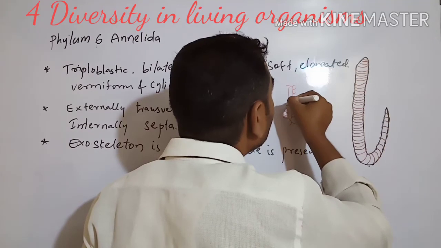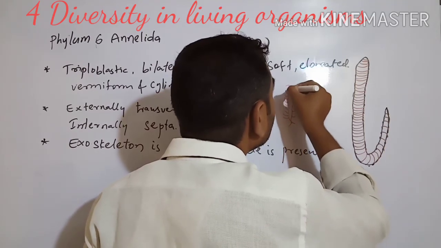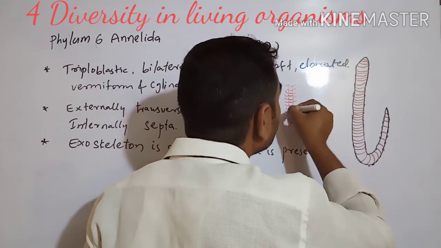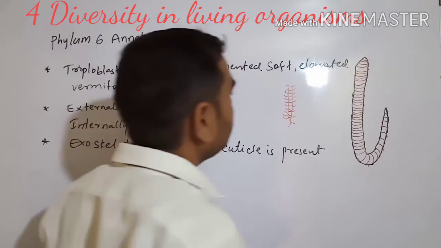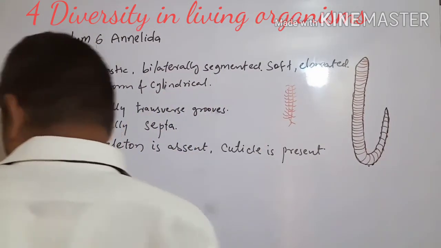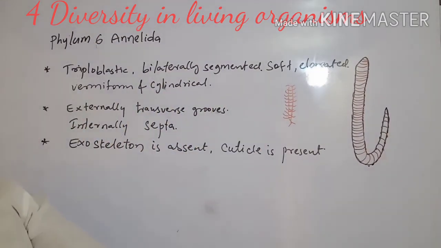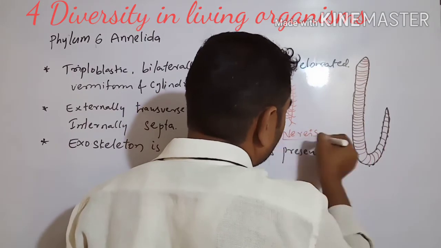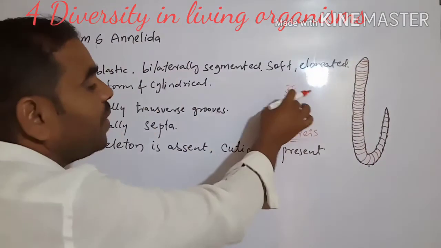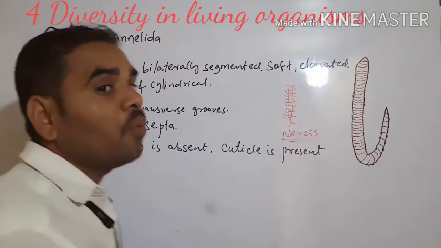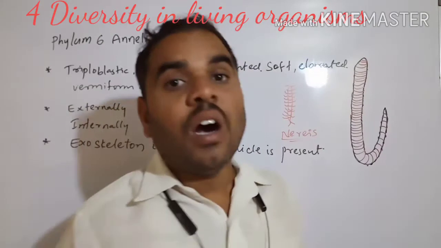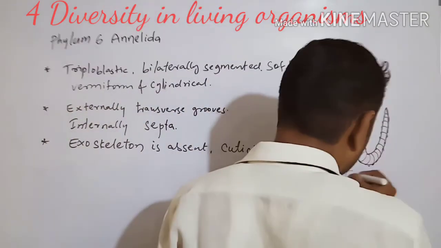Nereis also belongs to this same phylum. They have a pair of appendages, and they can move very fast compared to the earthworm. This is the earthworm.